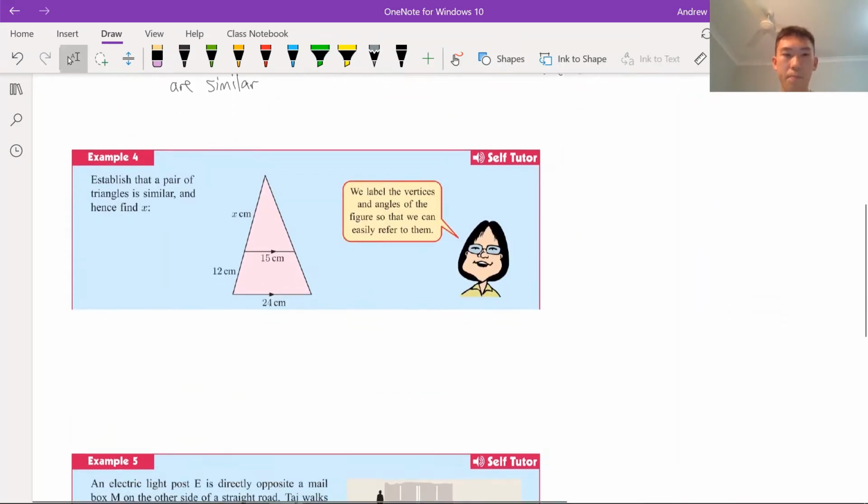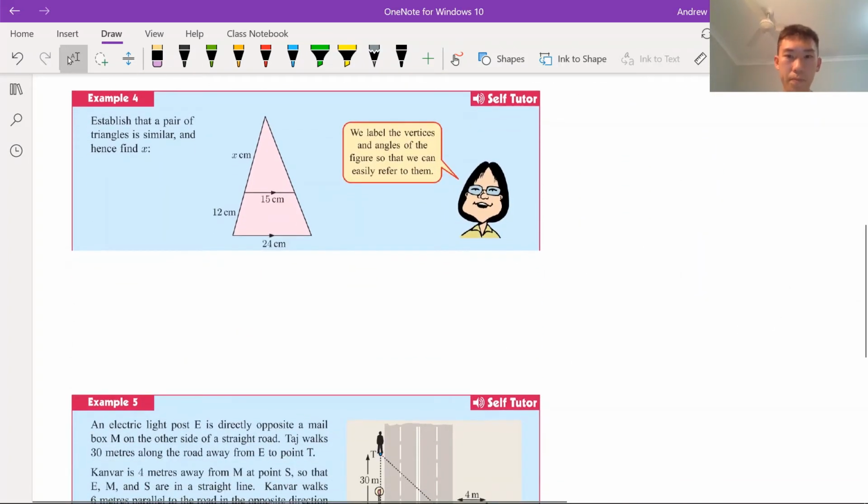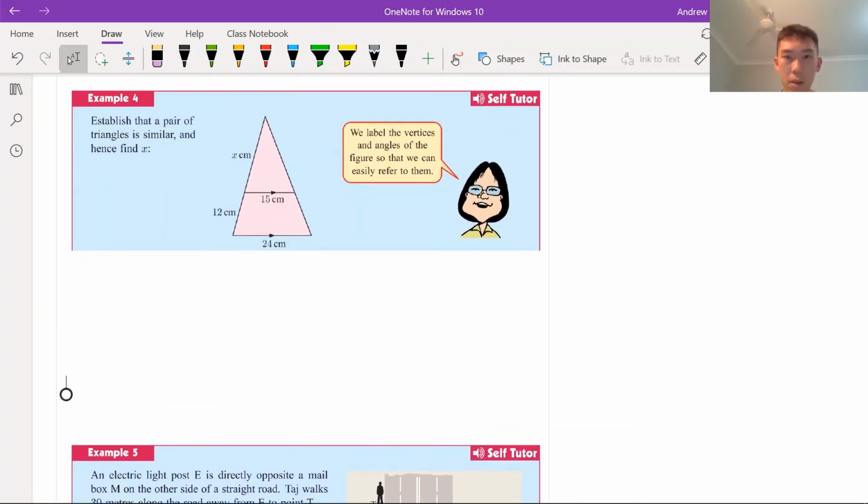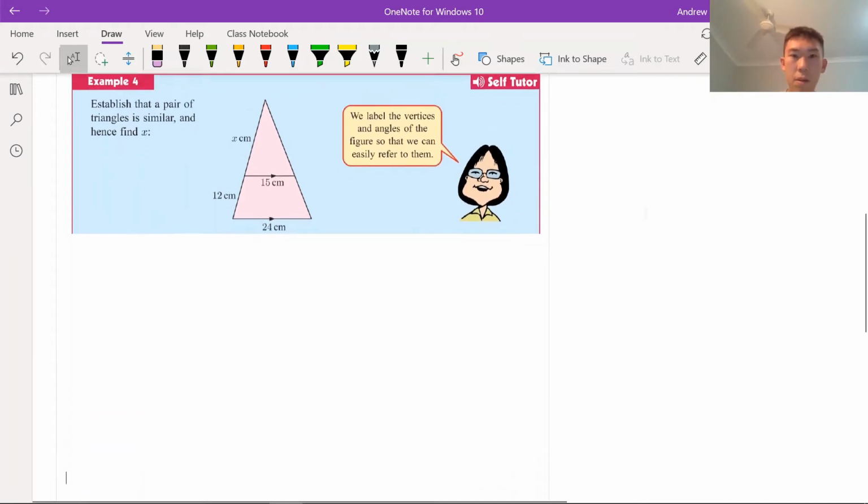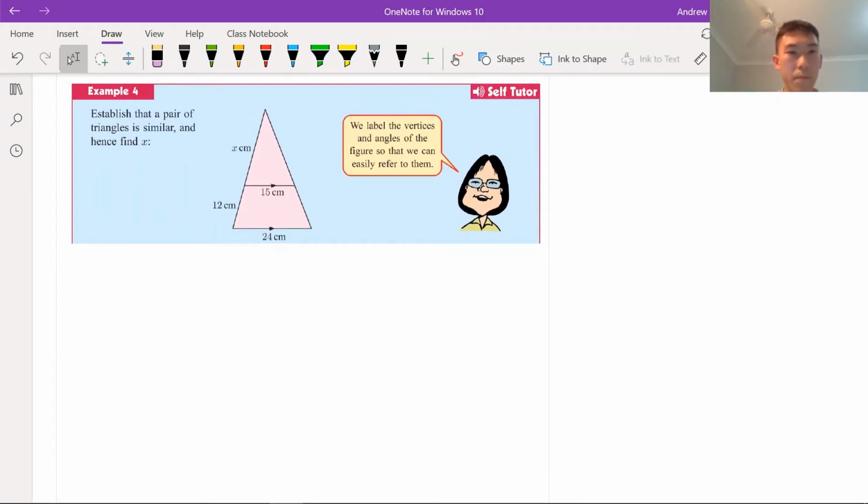Let's move on. Example 4. Okay, so establish that a pair of triangles is similar and hence find x. Right, so now we've got some sides to deal with, so let's have a go, hey?